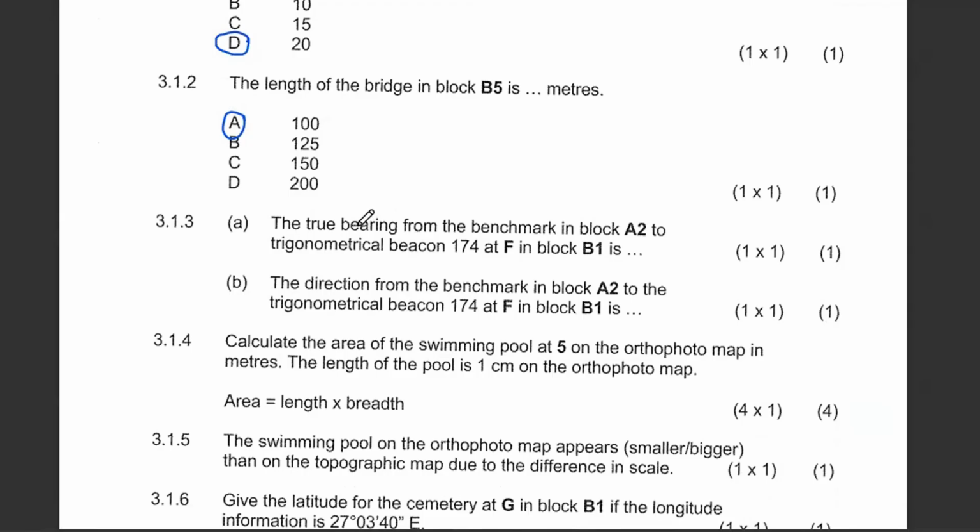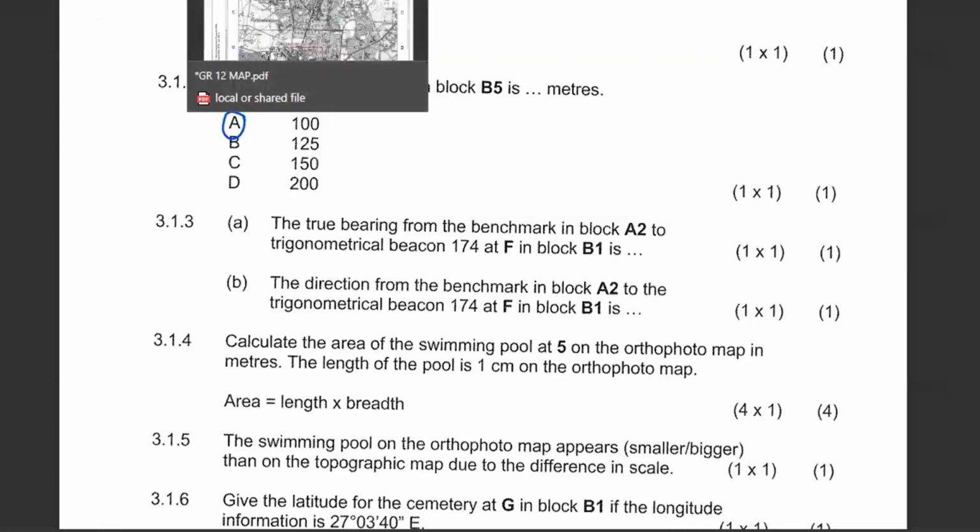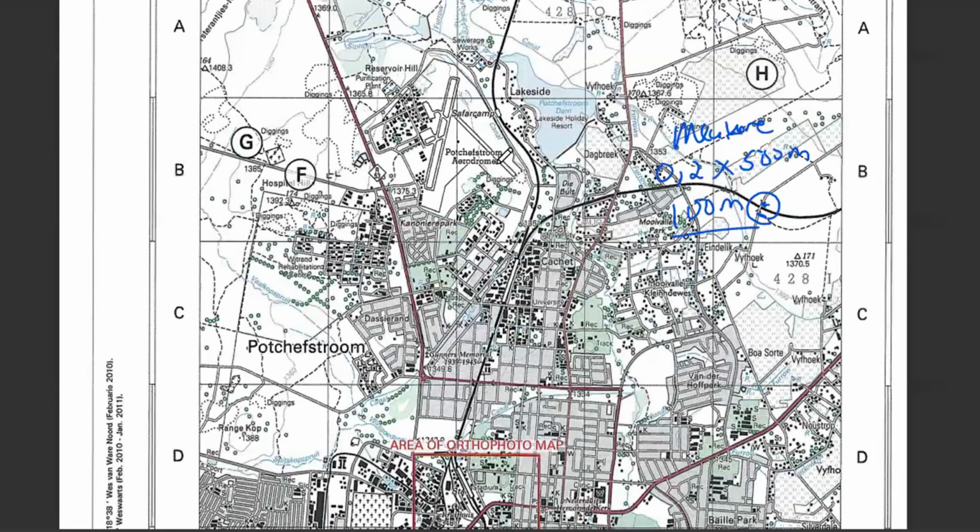The true bearing from the benchmark in block A2 to trigonometrical beacon at F. Right, what you do there, if you want to ascertain your true bearing, you measure using your protractor. You identify your 2 points. We are looking at these 2 points here from the benchmark in block A2.